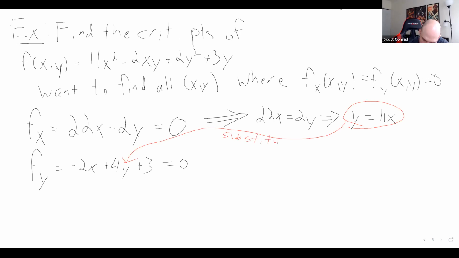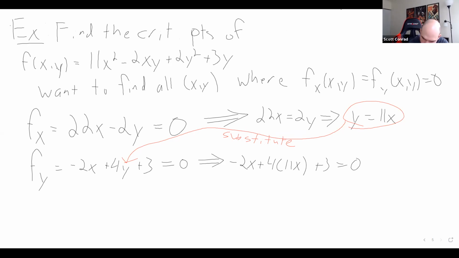So we're going to use that relationship in the next equation. Every time we see y, we're going to sub in 11x. When we do that, we get negative 2x plus 4 times y, which is now 11x plus 3, equals 0.